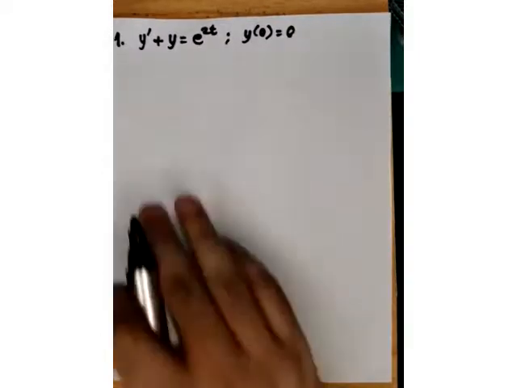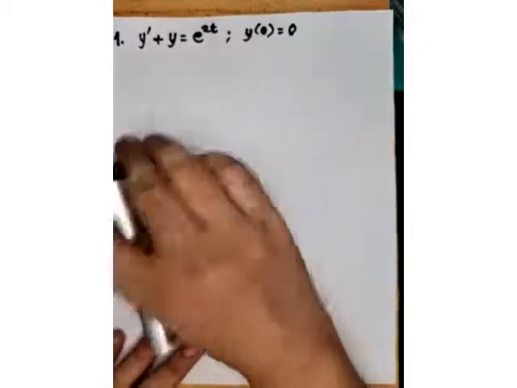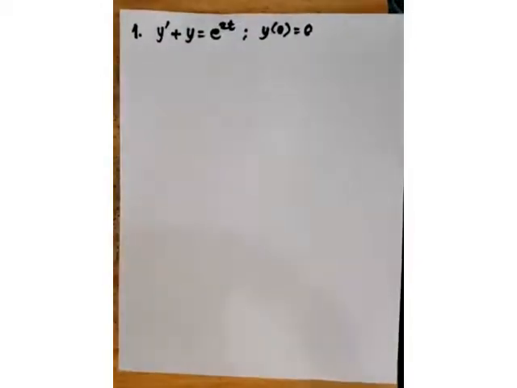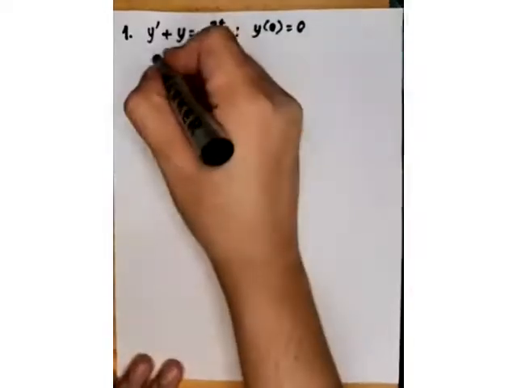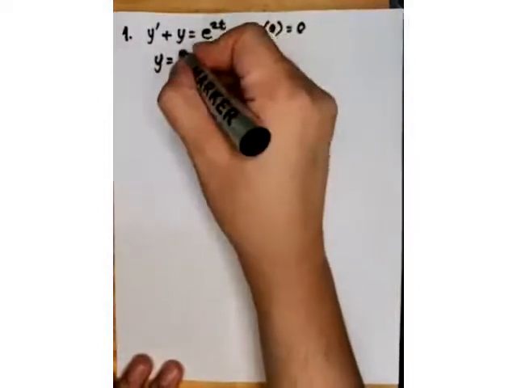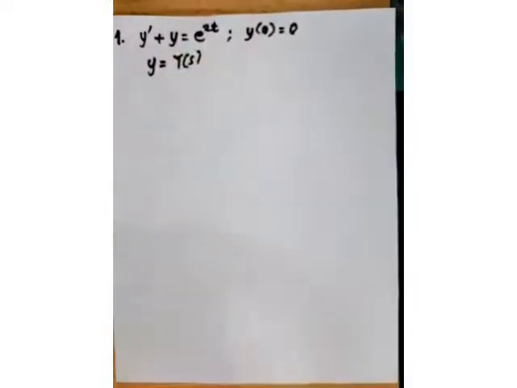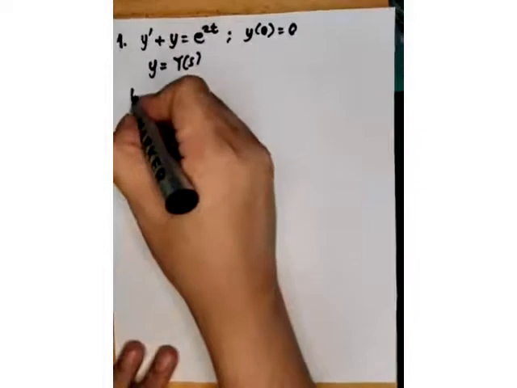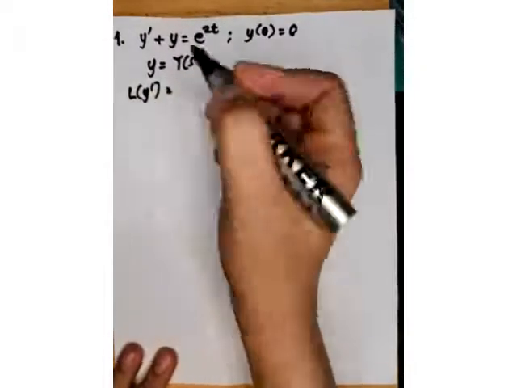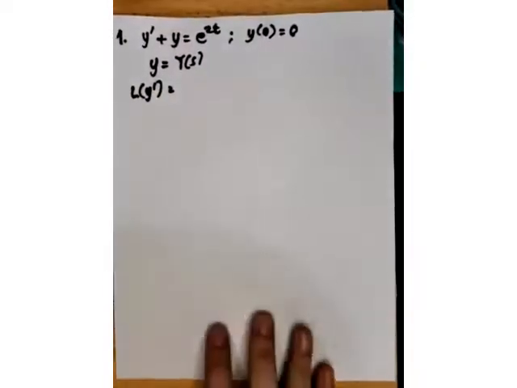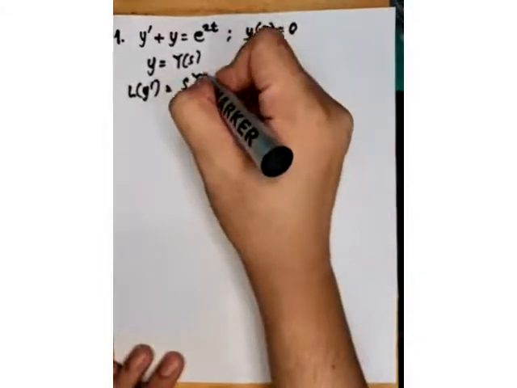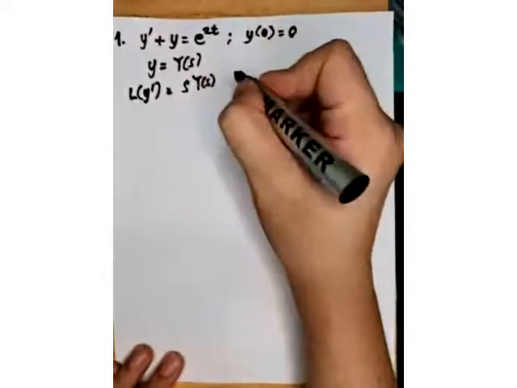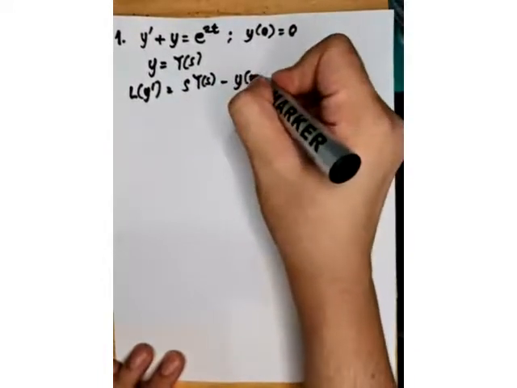So let's have this example. Let's take this example. So we want to solve the solution of this differential equation using Laplace transform of derivative. Okay, so yung y natin, ang transformation niya ay Y of s. And ano ang Laplace transform ng y prime? Titignan natin ang y prime dyan ay is equal to s Y of s minus y of 0.